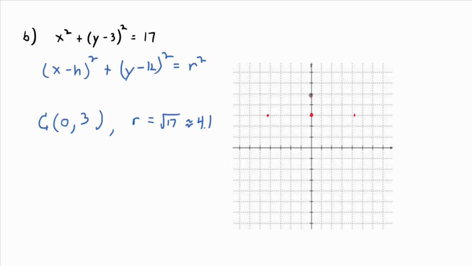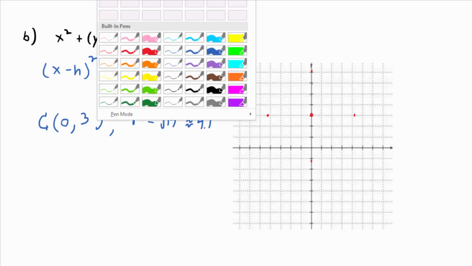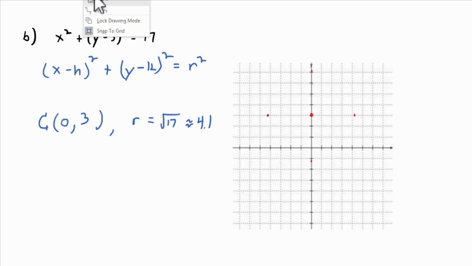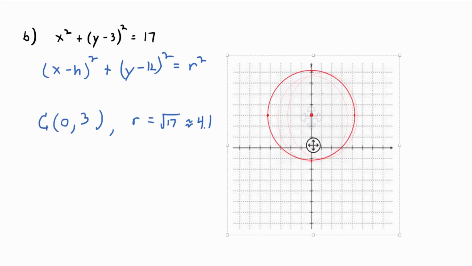And then 1, 2, 3, 4, a little more than 4. And then I'll cheat. Let's see if I can get this to work. This is my compass, I guess. There you go. There's a pretty good circle.